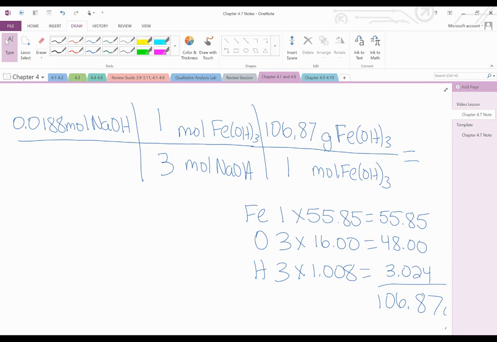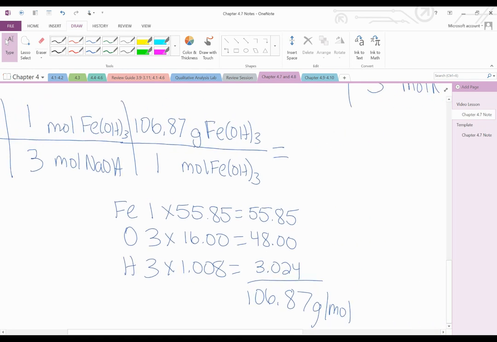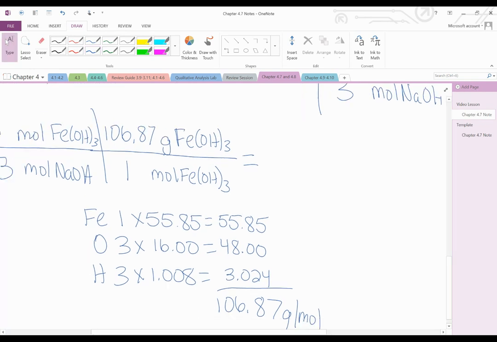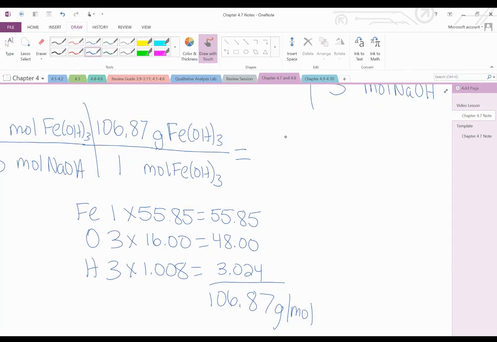You can see the whole problem there. Multiply the top, multiply the bottom, round for the correct number of sig figs. And you get 0.670 grams of iron 3 hydroxide.